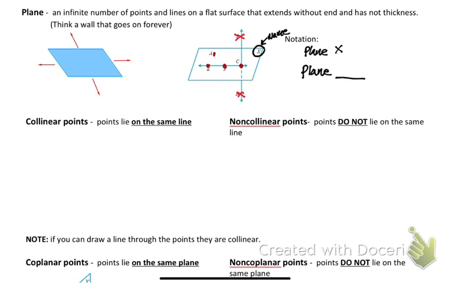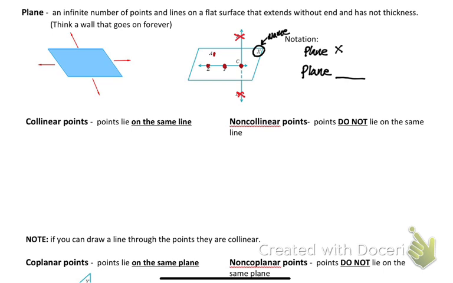We got 4 of them to pick from. We have to use 3 of them. We can't just pick any 3. And before we decide which 3 we need to pick, we actually need to get to the next concept, and that is collinear. So I'm skipping down to this collinear section real quick, and then we'll go back up to naming that plane. Collinear is just a fancy word to mean these points are on the same line.